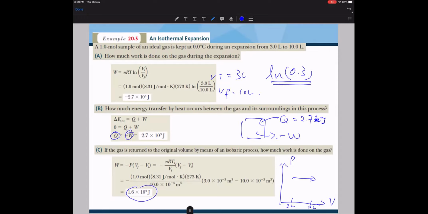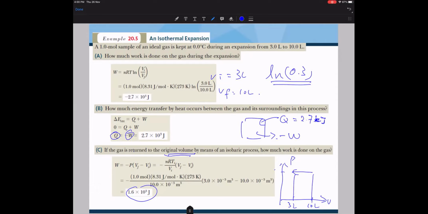In the isobaric process. Sorry, I should understand it in this way. The gas is returned to the original volume. So in part C, it starts from 10 liter and ends at 3 liter. So that is the isobaric process.